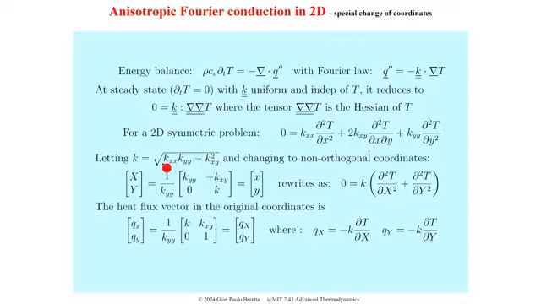and where K, the effective uniform conductivity, is equal to this linear combination of the various terms. It's the square root of the determinant of the conductivity tensor, and also the heat flux vector in the original coordinates becomes a linear combination.